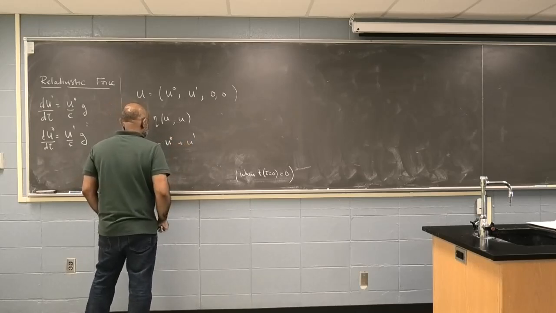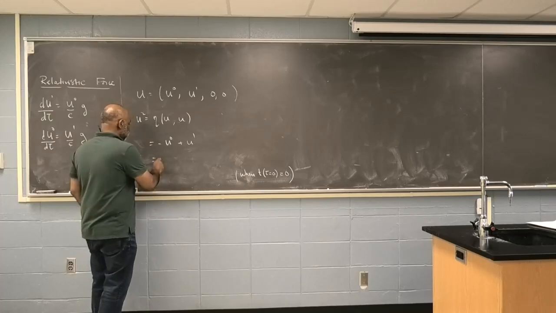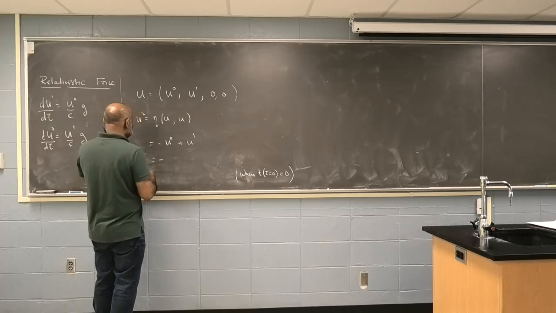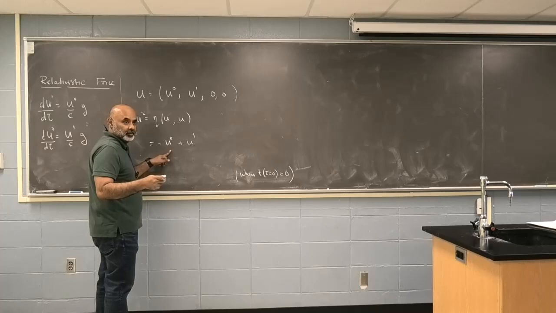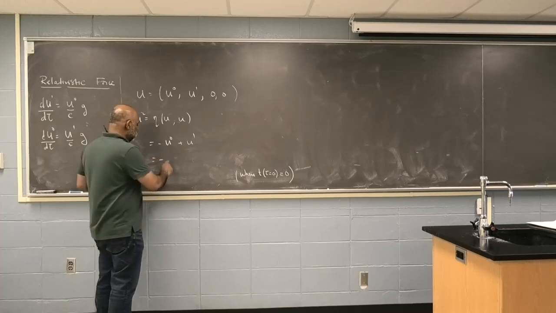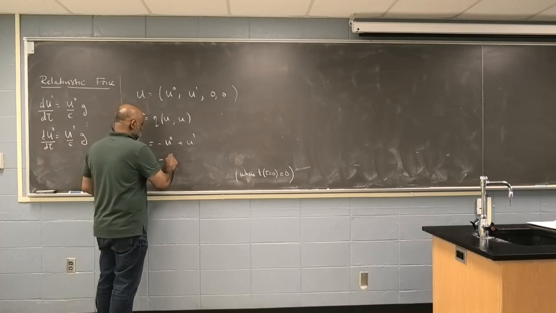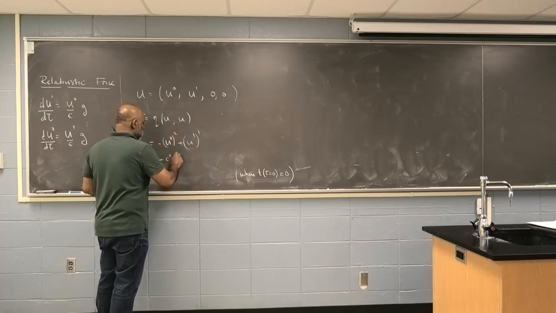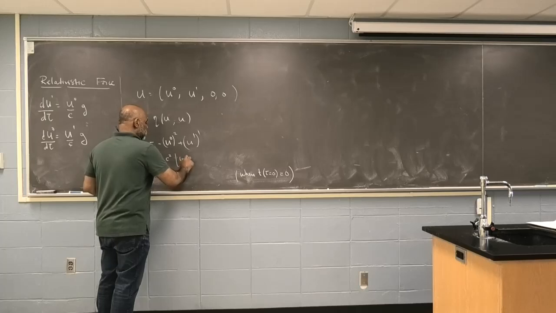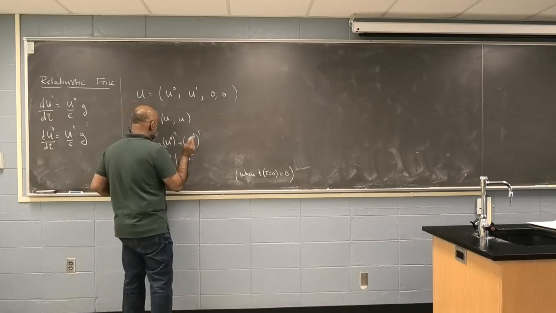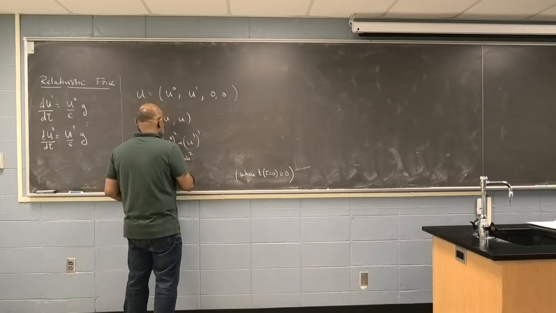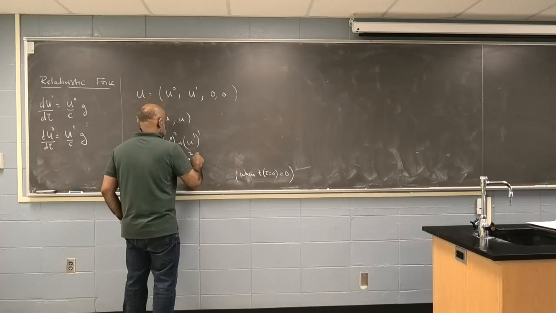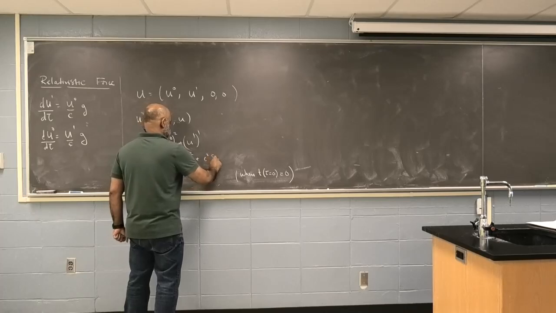What is u0? c cosh of g over c tau. So u0 squared is c cosh squared, plus u1 squared, which is c sinh squared.